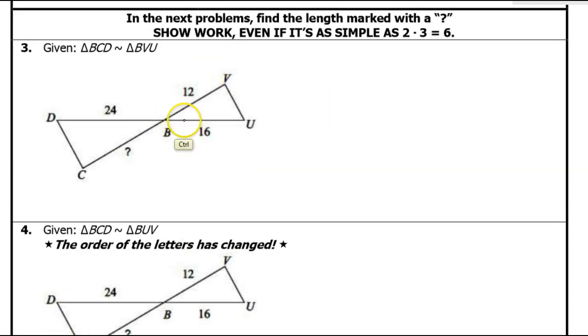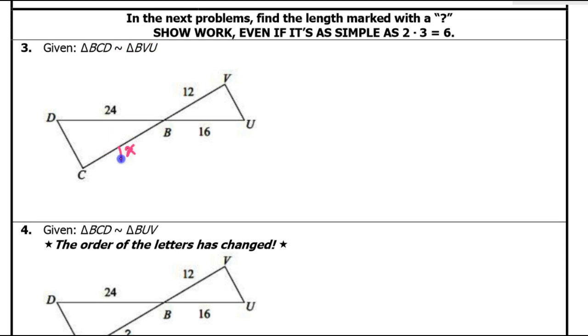Okay, in the next problems we are supposed to find the question mark. Wherever they have a question mark, I'm going to use an x because I'm just more comfortable with an x. We have to use the similarity statement to figure out which sides are the corresponding sides. So, for example, BC must correspond to BV.